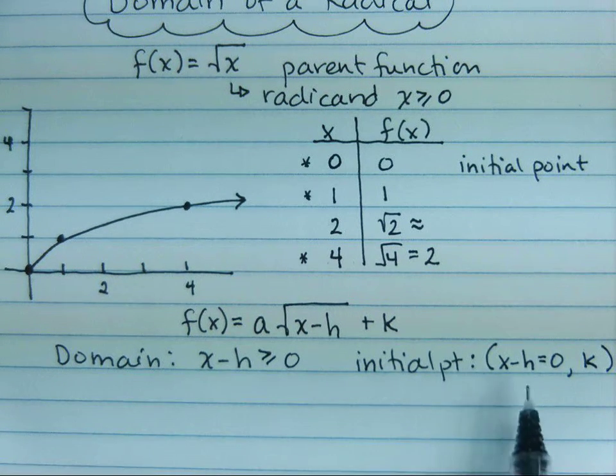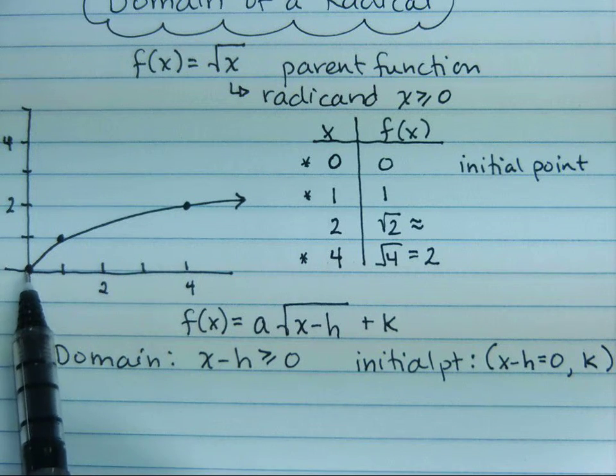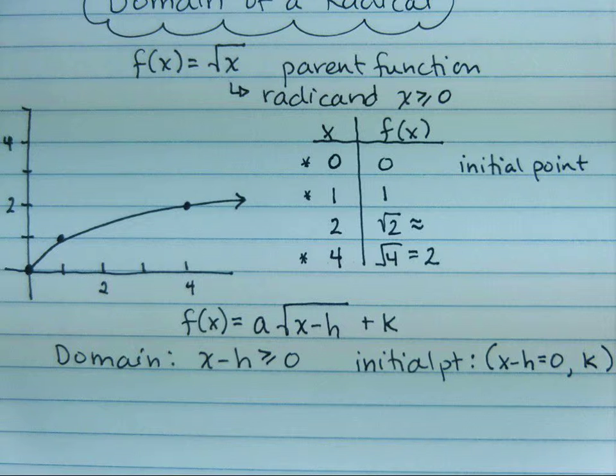So we're going to have to do a little bit of work to figure out where this is going to start. And then k is going to move us up and down. So it's going to move left or right based off of x minus h, and then up or down based off of k.